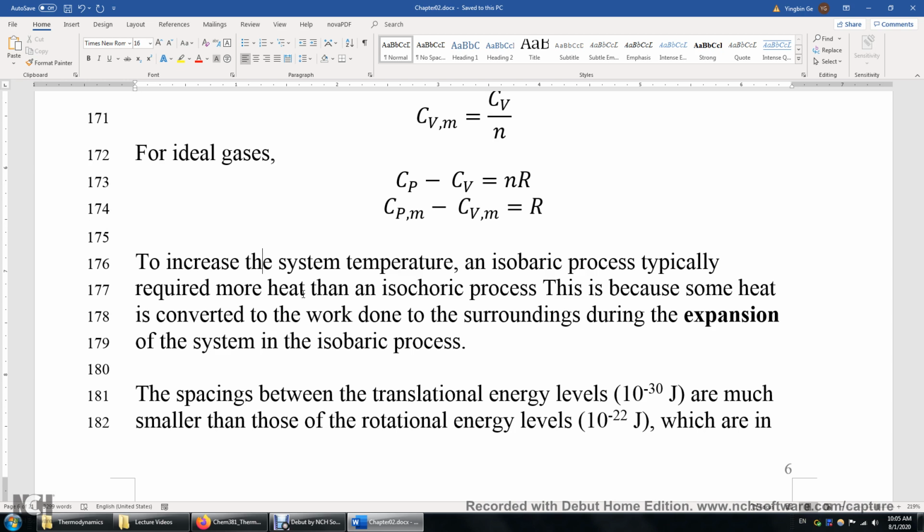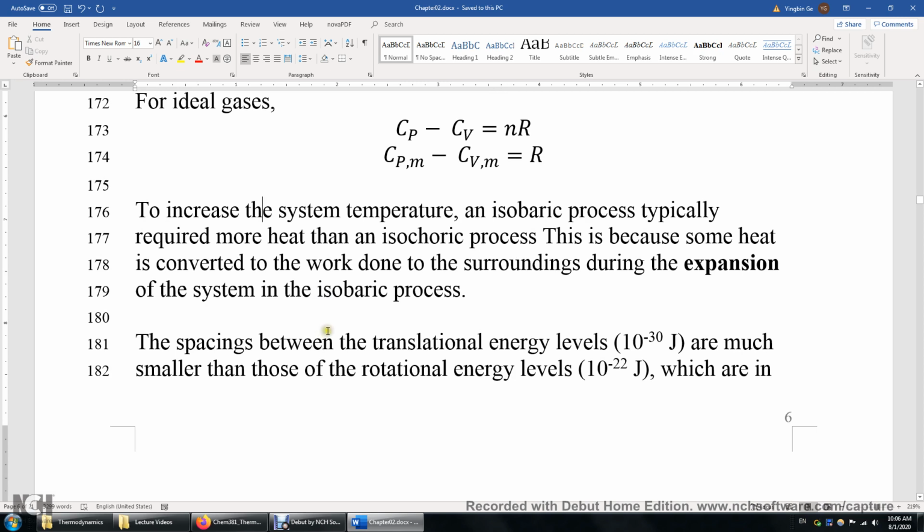In the isochoric process, however, work is 0. The system does not do work to its surroundings in the isochoric process. Therefore, more heat is required to increase the temperature of an ideal gas in the isobaric process than in the isochoric process.